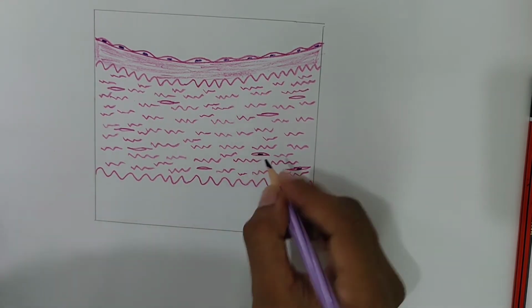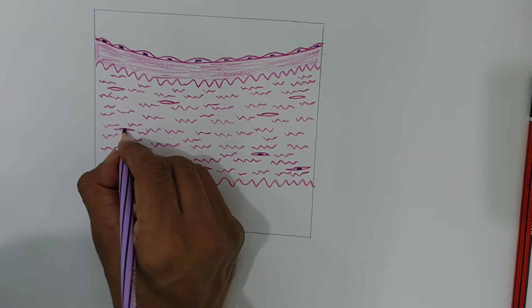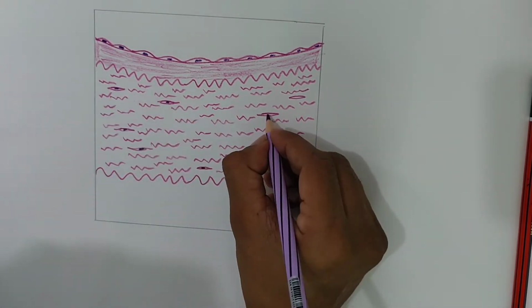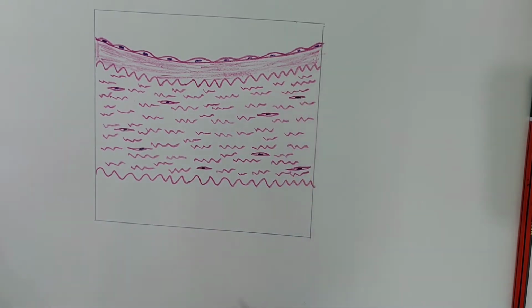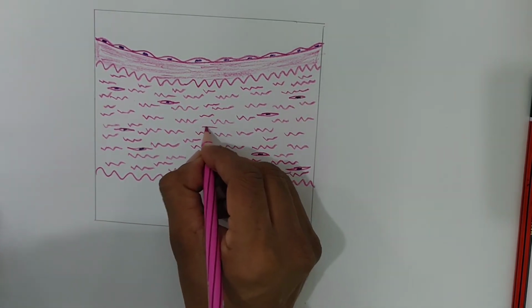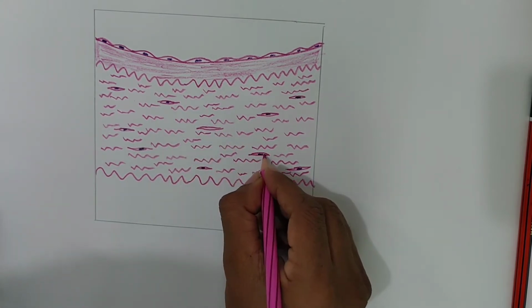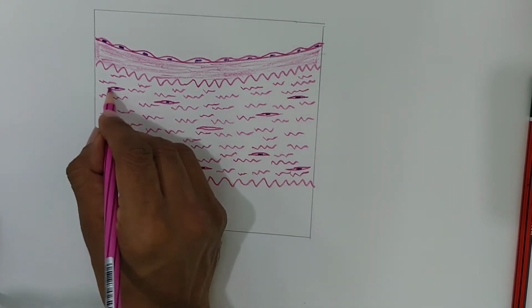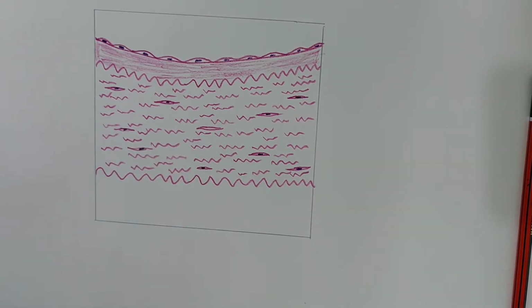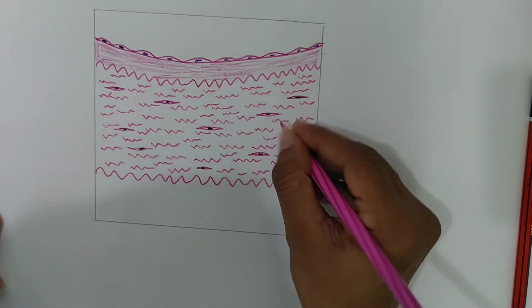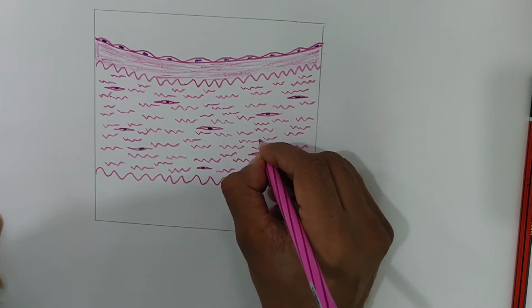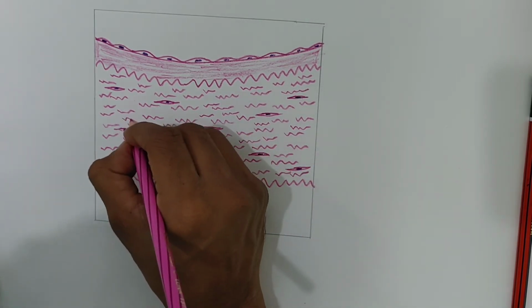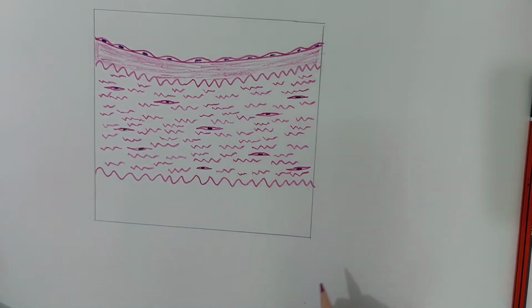These are the smooth muscles, the nucleus of smooth muscle. And these are dense elastic fibers.